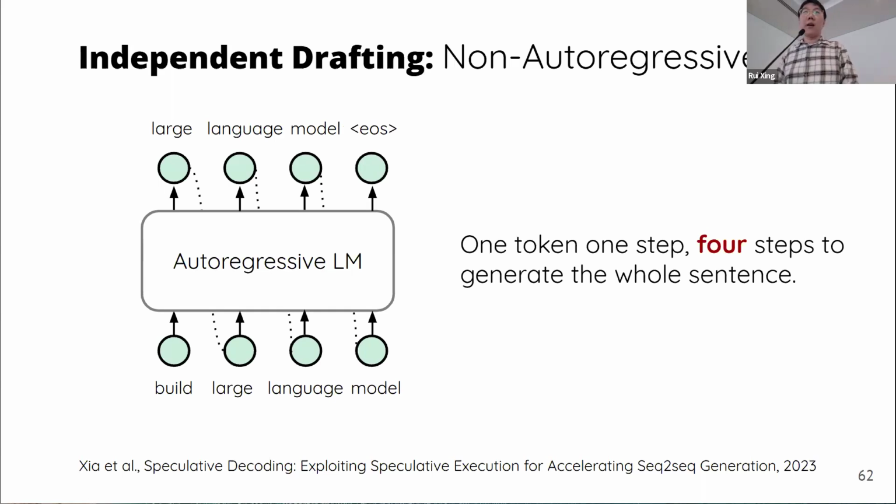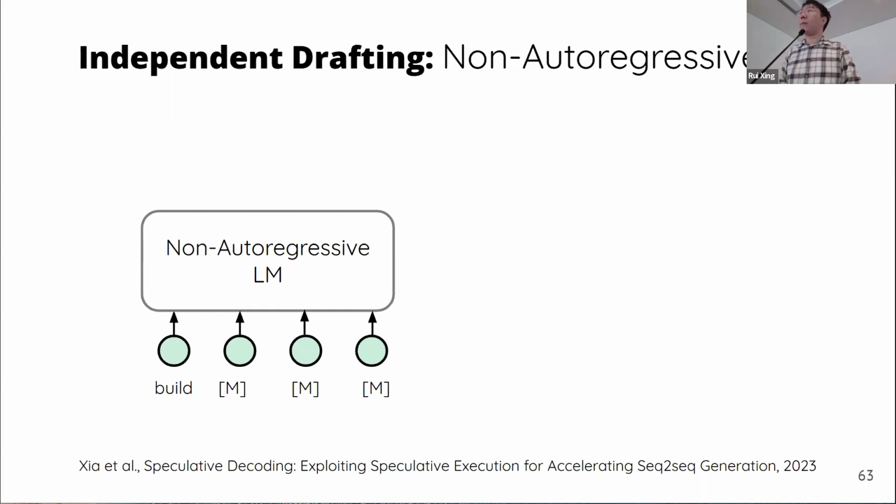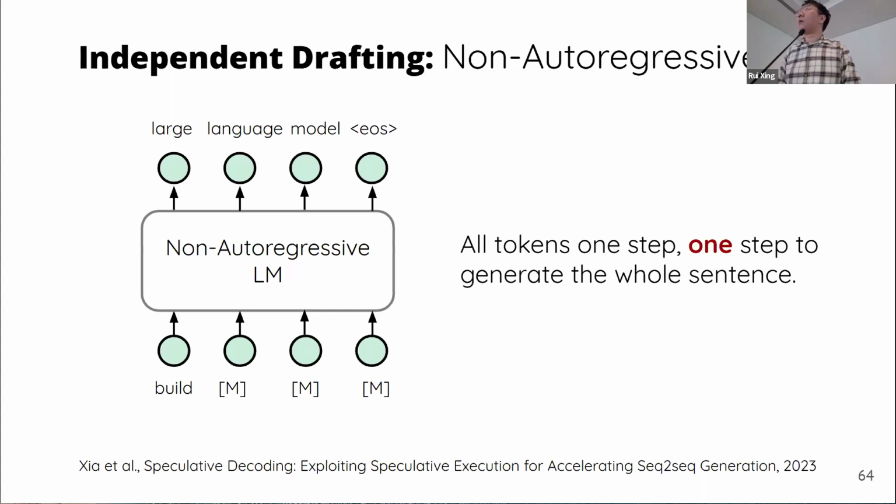So what about non-autoregressive? Non-autoregressive means it works in parallel. Usually we just feed the prefix to the autoregressive model, but here, if we already fix the target length, like we know in advance how many tokens we will generate, we can feed the prefix and some mask tokens into the model, and the model can decode them in parallel to directly generate the whole sentence.